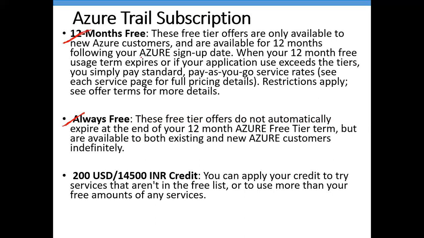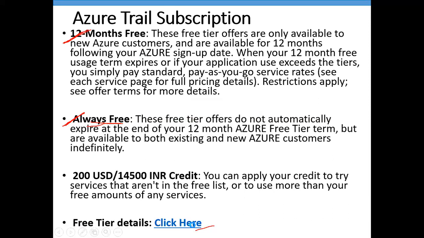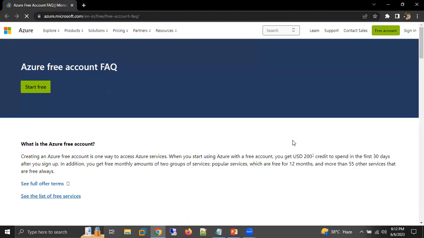How do we get information on which service is coming with 12 months free, and which service is coming with always free? Here I have given the link. Let me open this particular link. Scroll down.